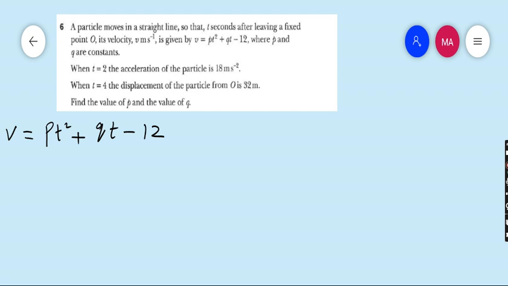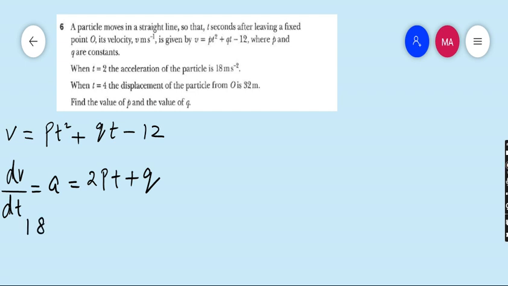Very easy question. First, find the acceleration with the help of differentiation, dv by dt, which is equal to acceleration. Pt squared gives 2pt, qt gives q, and minus 12 gives 0.